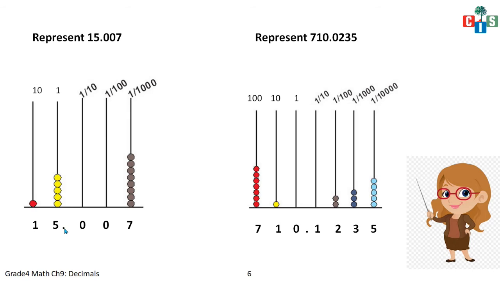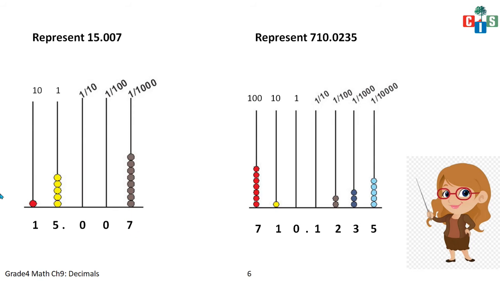The decimal point of 15. So the right side of the decimal point is 10th, 100th, 1000th and the left side is ones and tens. Clear? So now here 1 and 5 balls. In the ones place it's 5 balls and in the tens place it's 1 ball. And after the decimal, in the 10th place you have 0, in the 100th place you have 0, in the thousandth place you have 7 balls.